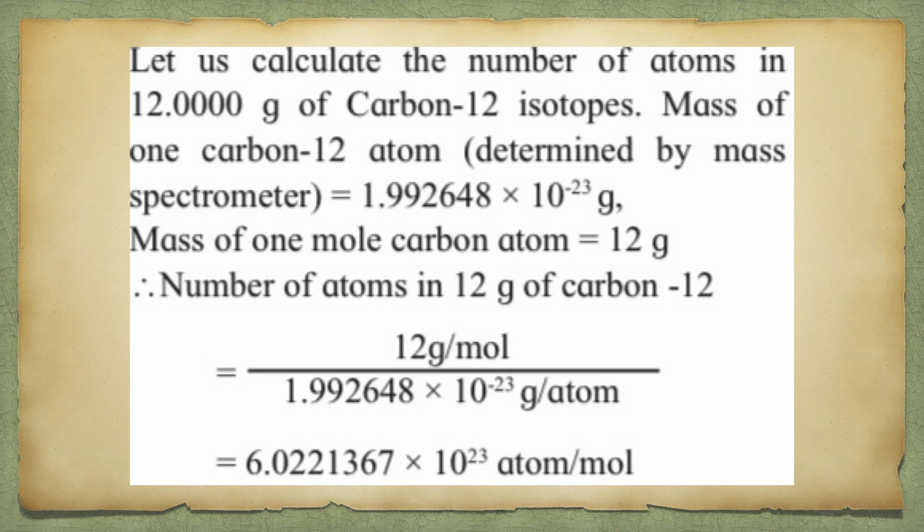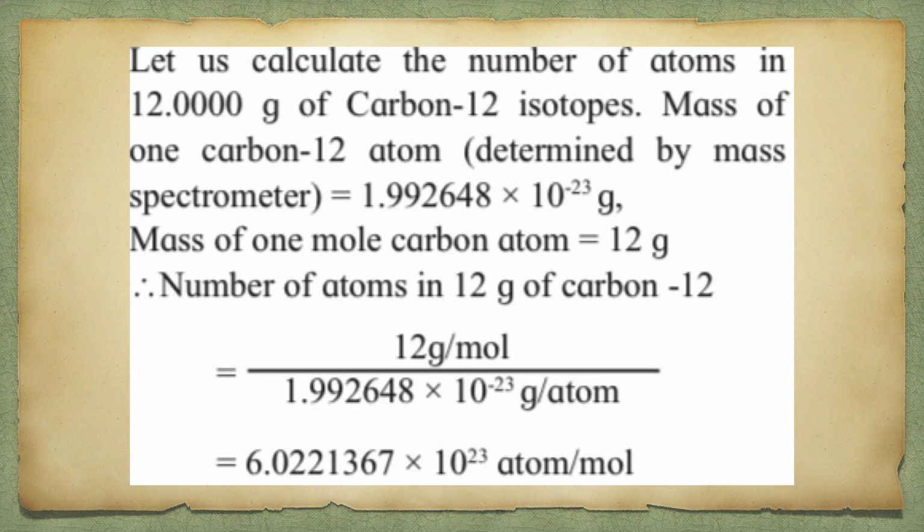This is a very important number, and it is called the Avogadro's constant, written as Na. Whenever you see this Na, that is nothing but the Avogadro's constant, and it is equal to 6.022 × 10^23 atoms per mole. This is very important.